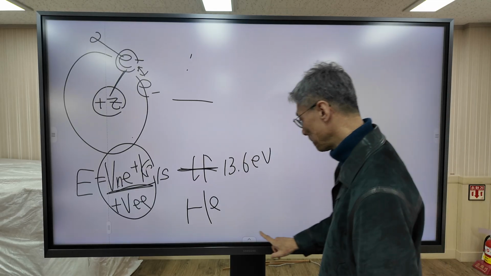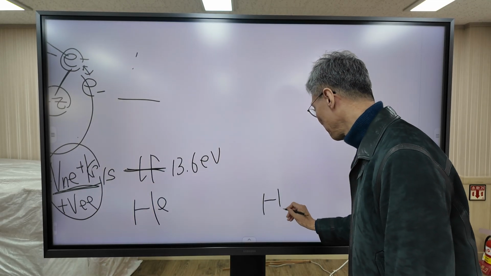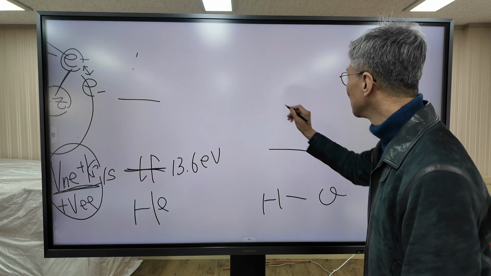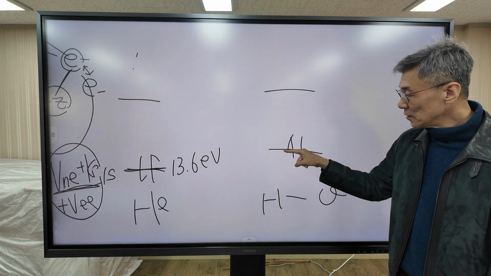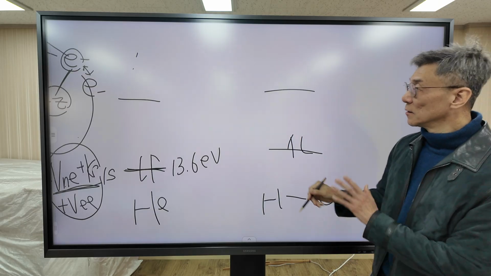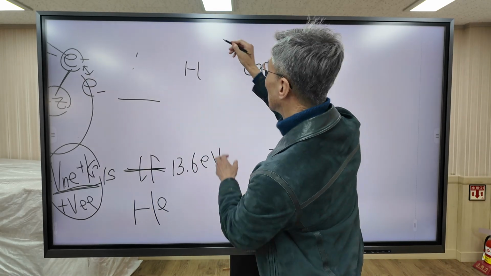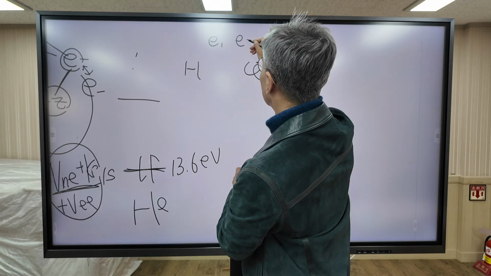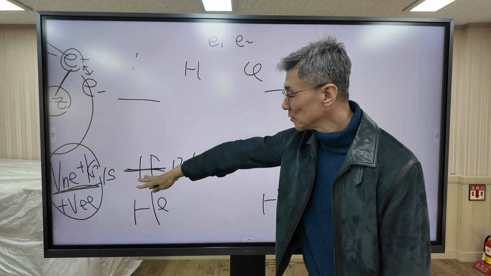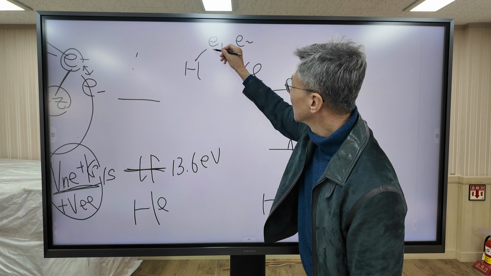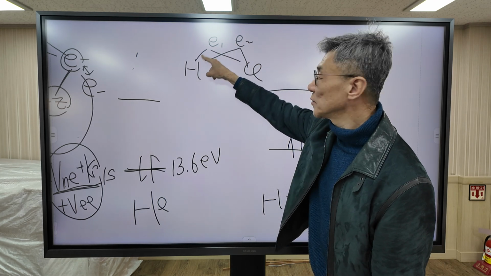Similarly, for a molecule, what energies are included in the molecular orbital? Same. This is the nucleus. This is the electron. Similar to the atom, there must be an electron-nucleus potential energy.